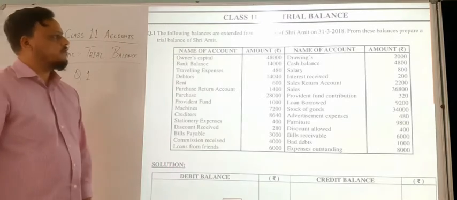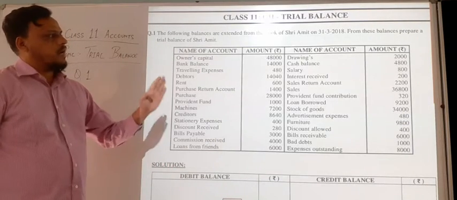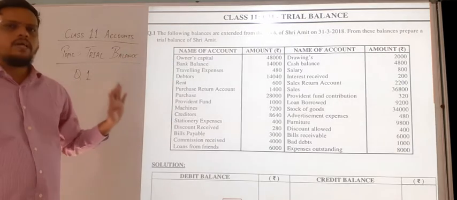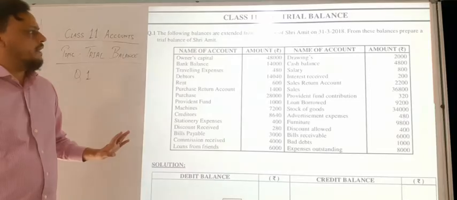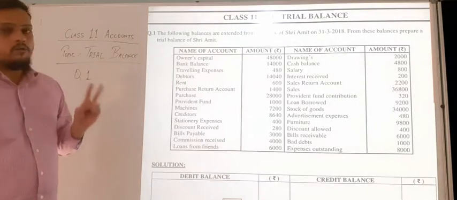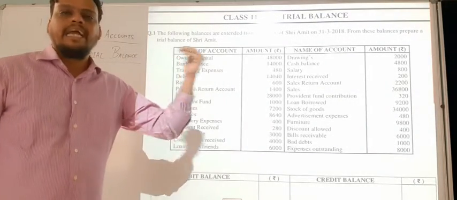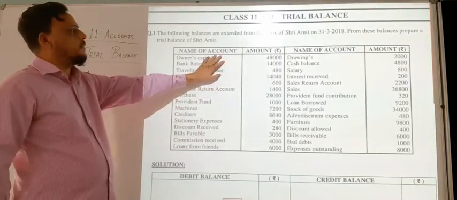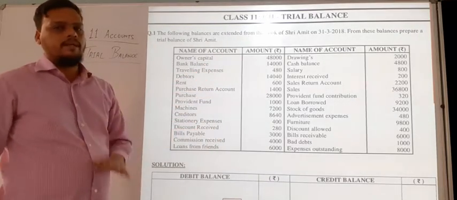So let's begin with the name of the account, amount, name of the account and amount. This much has been given in the trial balance concept. You have to identify whether it is credit side or debit side. Make sure that the amount with that particular account is there.